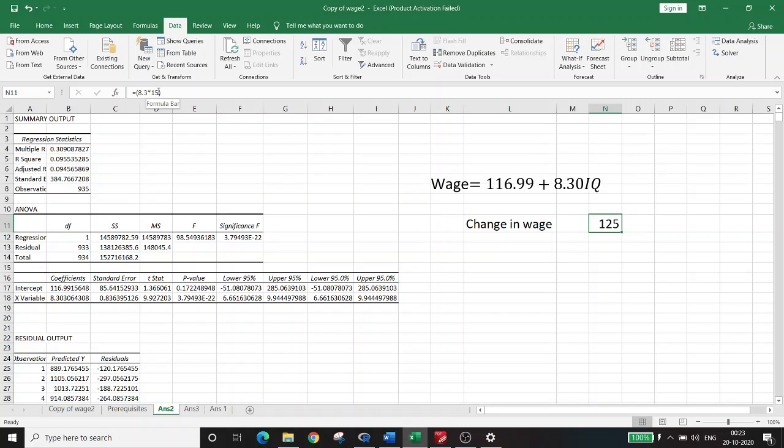So if there is an increase in IQ score by 15, the wage earned by an individual will on average change by about 125. I think the unit is dollars, so we'll say dollars. If IQ increases by 15 points, the average wage earned by an individual will go up by $125. This is how you should interpret the question.